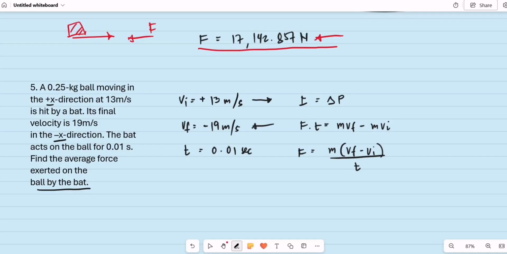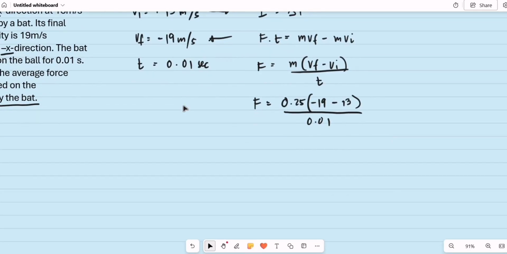So computing for the force, all we have to do now is substitute. The mass is 0.25 multiplied by, what is our final velocity? Negative 19. And then minus, our initial velocity is positive 13. And this is to be divided by the time, 0.01.